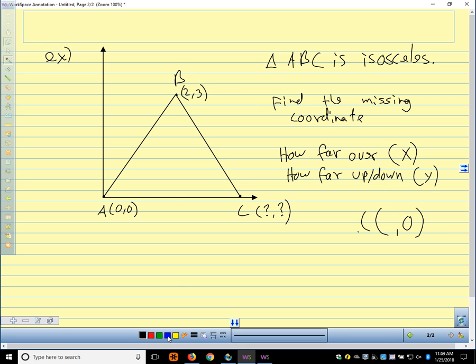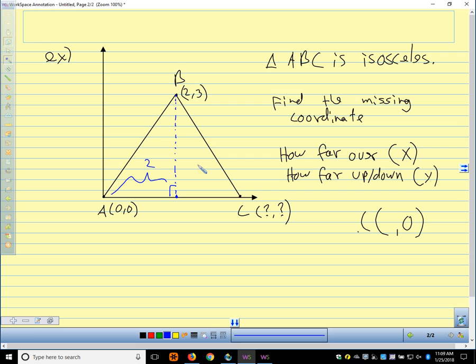Now I'm going to draw in this perpendicular segment here. And this triangle is isosceles. How far is it from A to this point? 2. That's what this tells us.